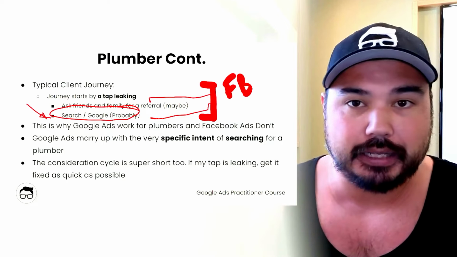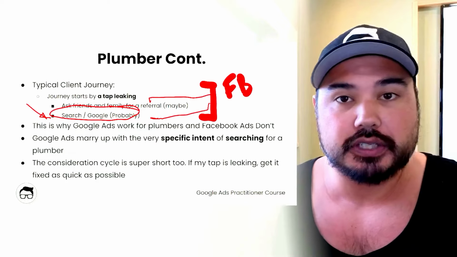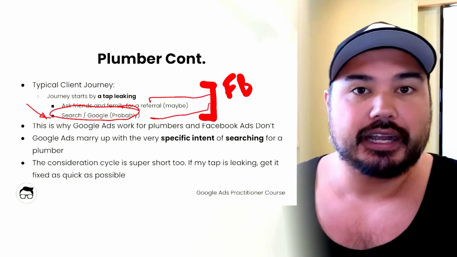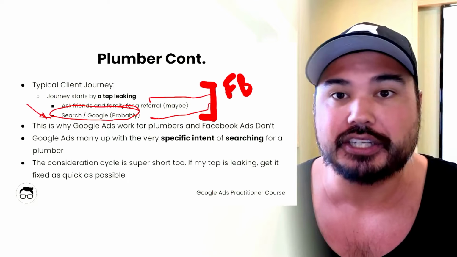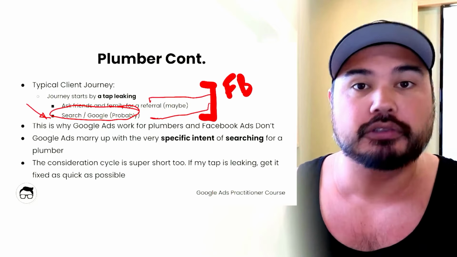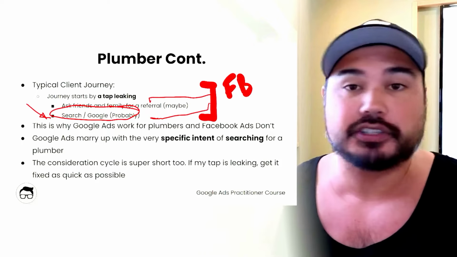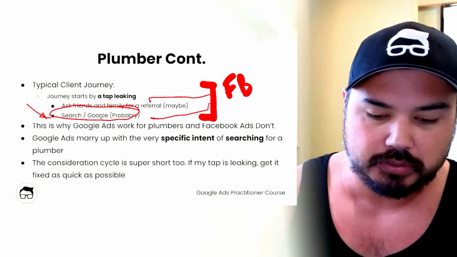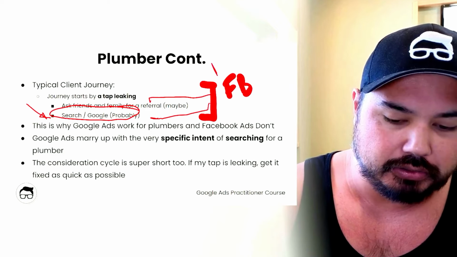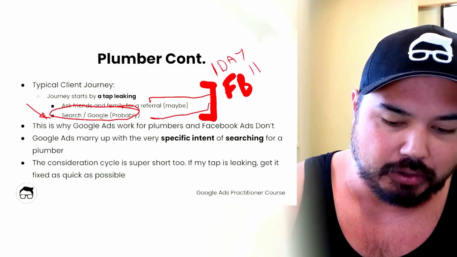So if you have a tap leaking, you're going to search for someone to fix it because you just can't leave it. And that's why the consideration cycle is super short in plumbing, because if your tap is leaking, you need to get it fixed as soon as possible. Or if there's an emergency leak, you need to get it fixed as soon as possible. So our consideration cycle here might be a day, it might be hours, right?